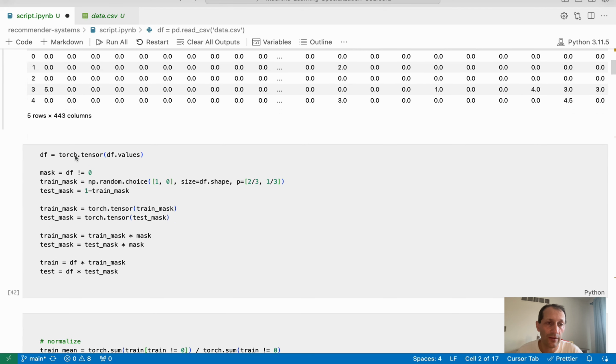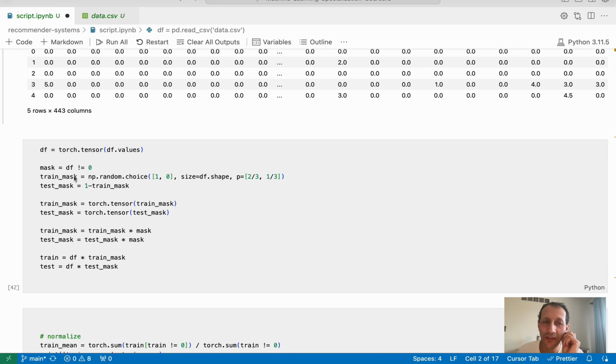So I imported that, and I created a train set and test set like you would for any ML project. But this is quite different. You can't split by users or by movies. You actually need all the users and all the movies in both train and test.